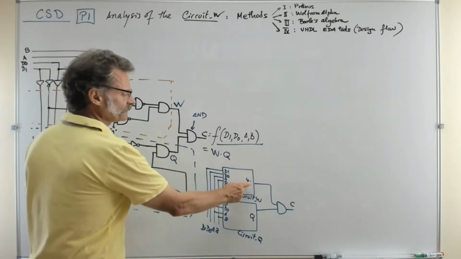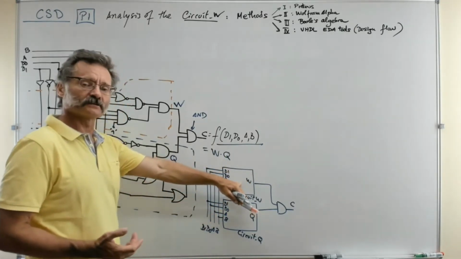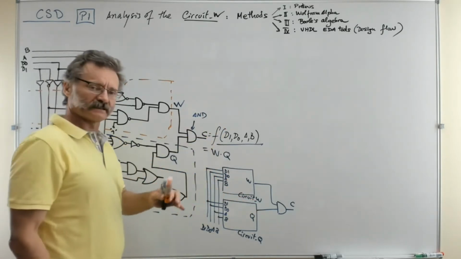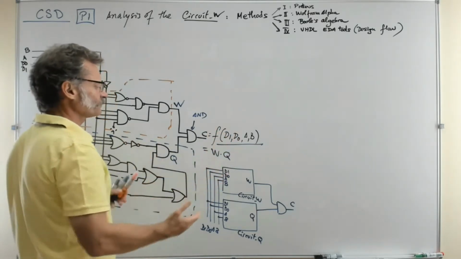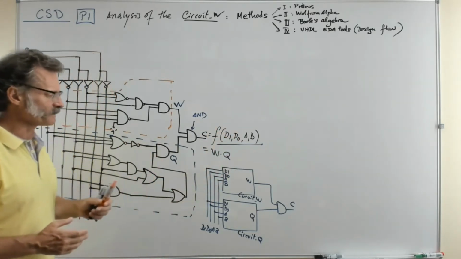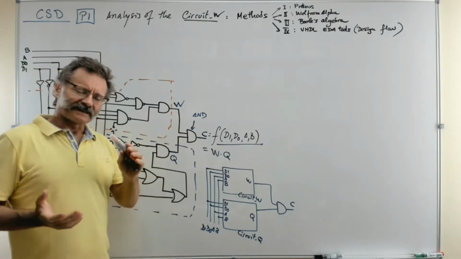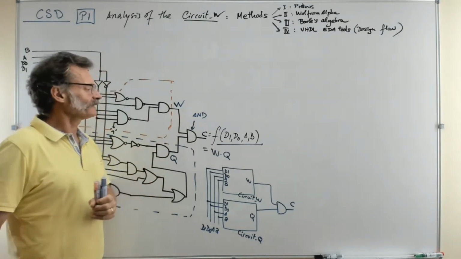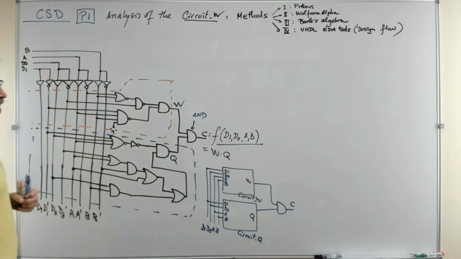So solving the circuit W is not going to be that difficult as solving the circuit C, at least now at the beginning, right? So this is what we are going to do here all the time, trying to find smaller blocks so that they can be easily analyzed, whatever, right? So that's the perfect case.